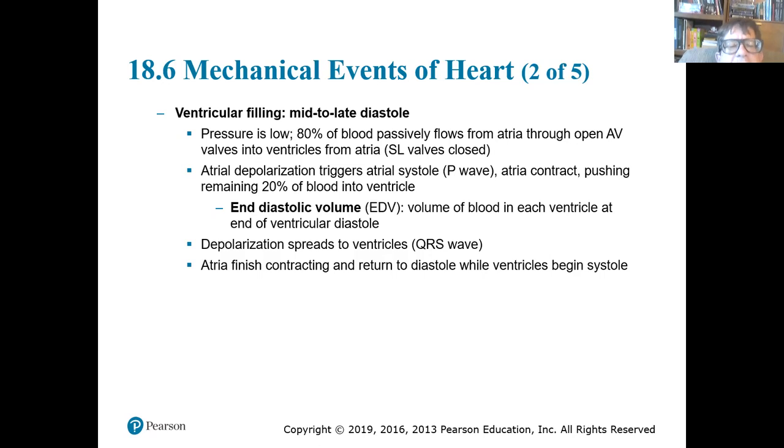Then the atria depolarize and contract and top off the ventricles. They push the remaining 20% of the blood into the ventricle, finishing filling it. Then we have what we call the end diastolic volume. That's the amount of blood in each ventricle at the end of diastole.